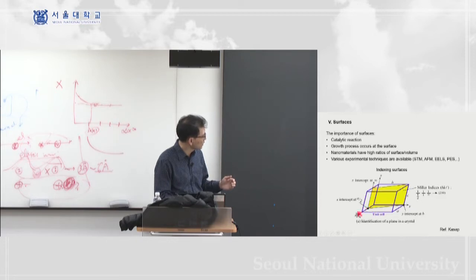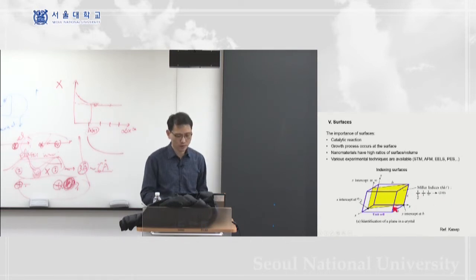Along the x-axis, it cuts at half of the lattice parameter a, and in the case of y, it cuts at b, and in the case of z, since this is parallel to the z-axis, it is at infinity, right? So you have the three intercepts: half of a, b, and infinity. And the Miller index is actually the reciprocal of these numbers, okay? And it becomes 210. So this is the 210 surface, we call it.